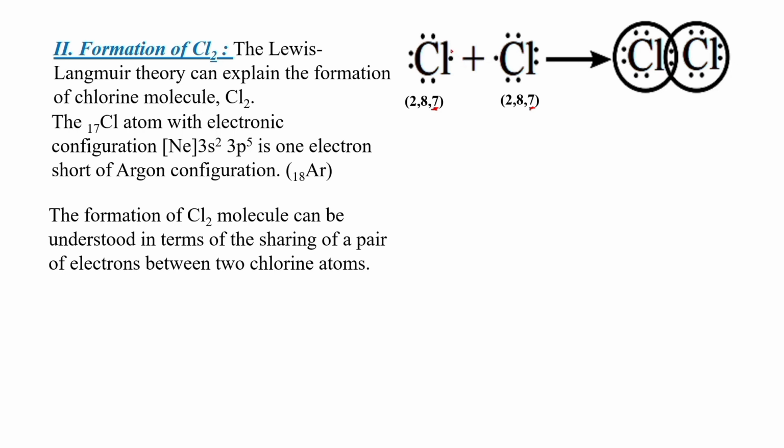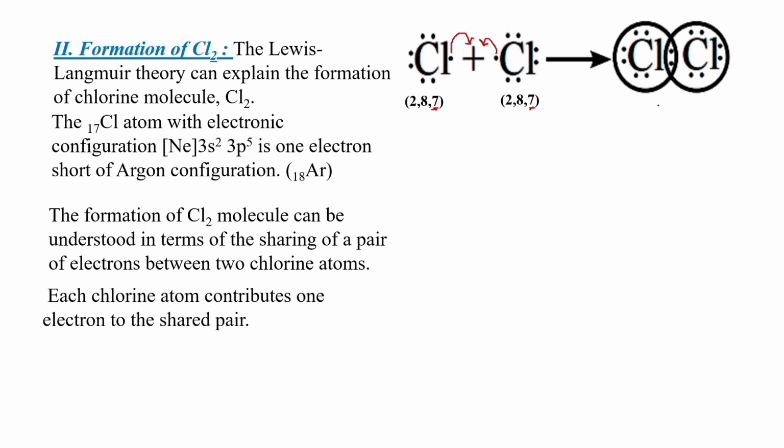That's why these chlorines share one electron with each other, forming a shared pair of electrons, and this is called a covalent bond. On this shared pair of electrons, both the chlorines claim equally, and their octet contains 8 electrons and their electronic configuration is 2,8,8.